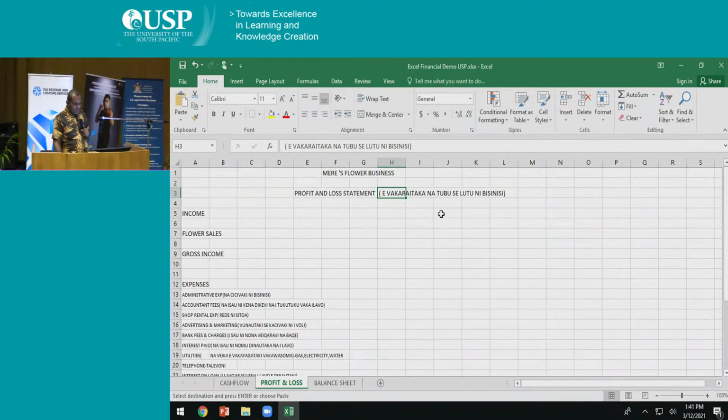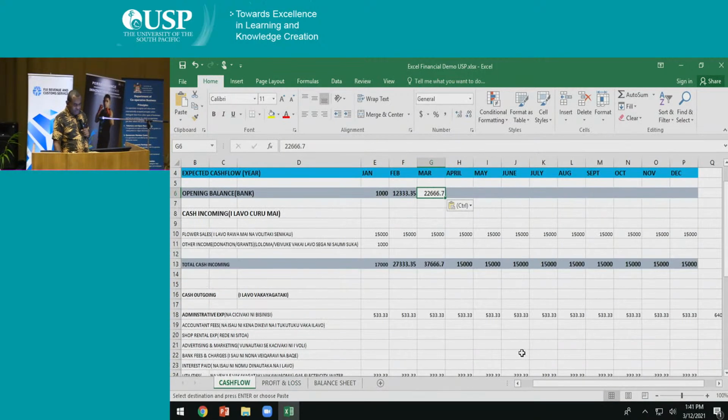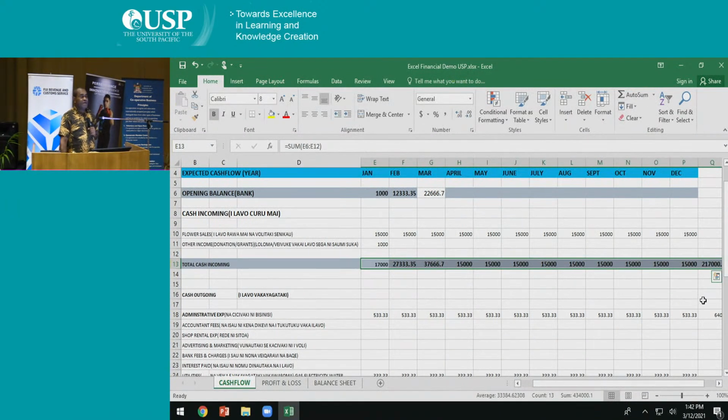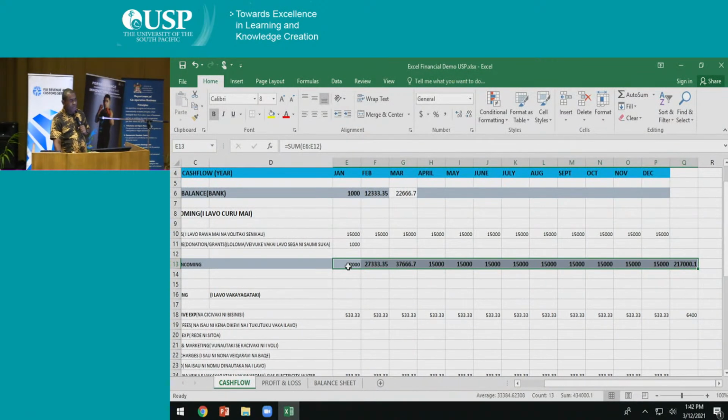Now, what's our income? Let's total the income. Total January to December. 217,000.